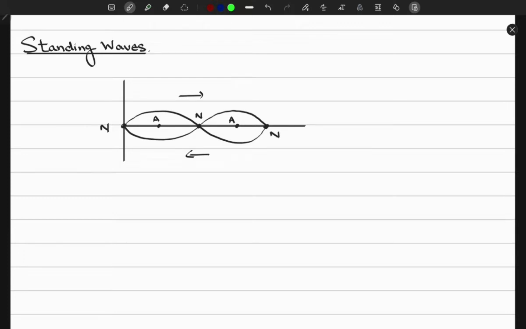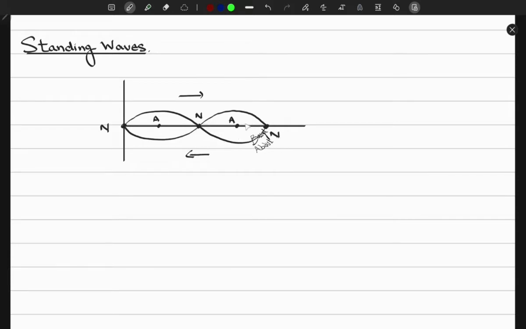So really the points where we have constructive interference are called antinodes, and where we have destructive interference, where you can see the waves are joining each other at these points where it comes to 0 on this axis, these points are called nodes.